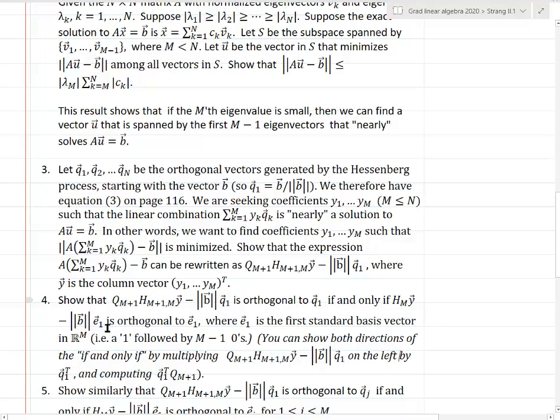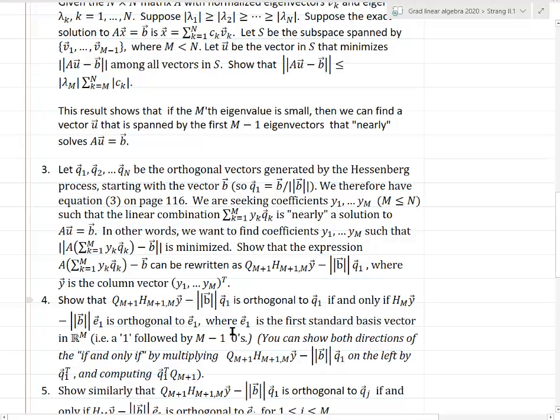So I've cut my number of entries down from n to m. So in other words, if I have a 1,000 by 1,000 matrix, but I only take 3 or 4 vectors, I'm going to decrease my computation by a factor of like 300.